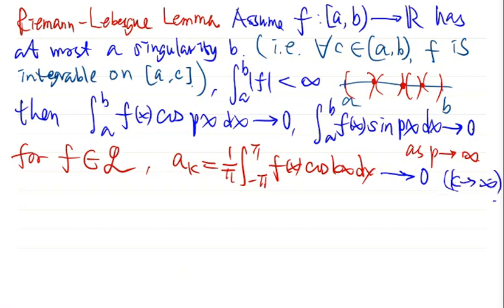We get this result for f in L2 by applying the Bessel inequality. But if f is not L2, you could not apply the Bessel inequality, so whether the Fourier coefficient goes to 0 was unknown. But having established this Riemann Lebesgue lemma, this is confirmed to be true. So from this remark, we know that the Riemann Lebesgue lemma is very useful.